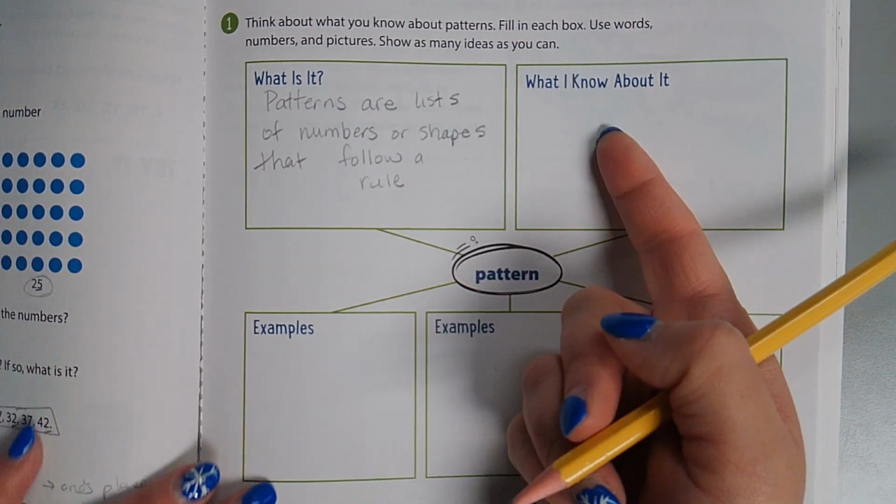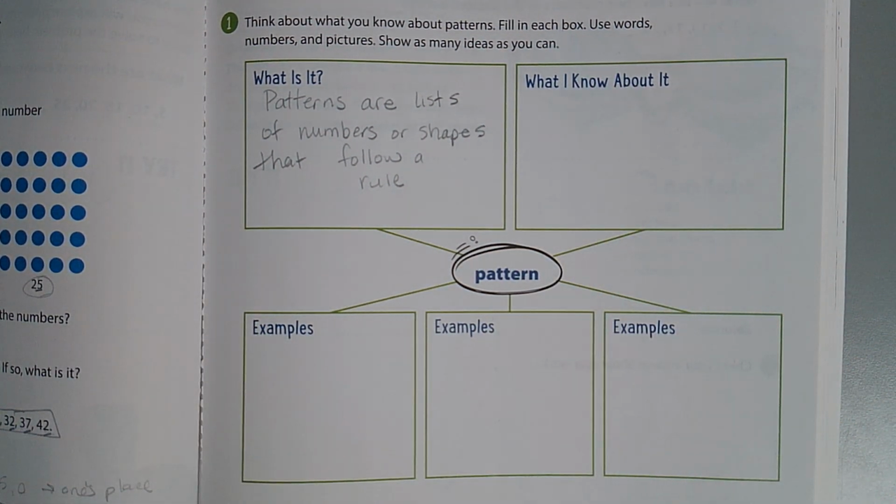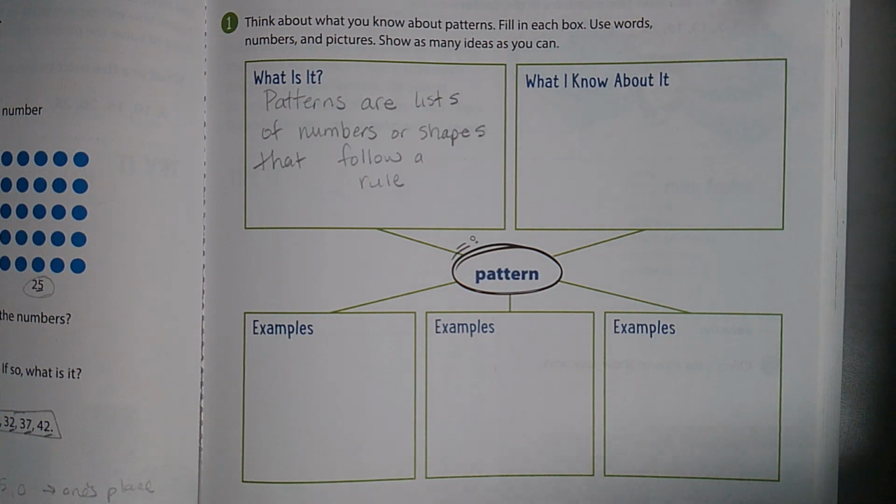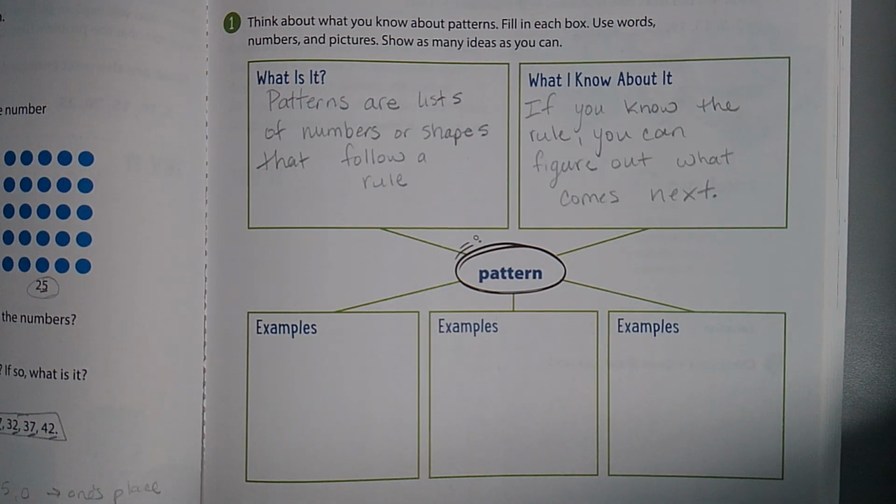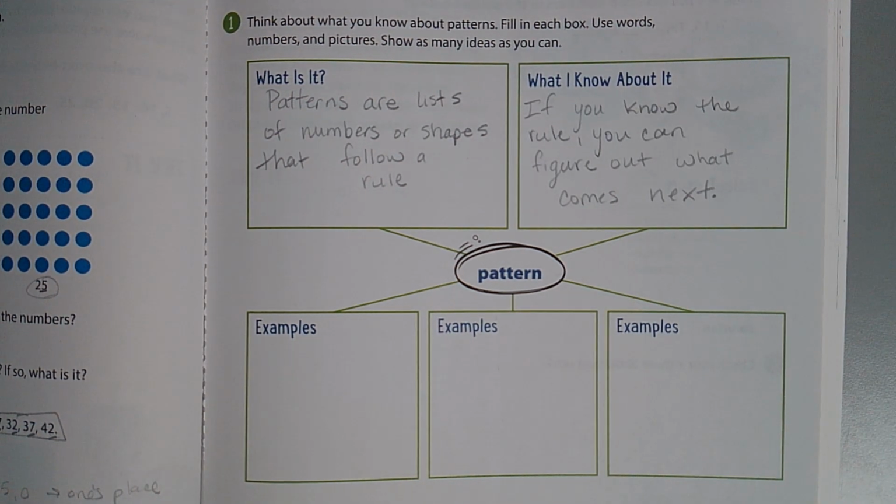Well, what do you know about it? Hopefully what you know about patterns is that if you know a rule, you can figure out what comes next. I'm going to give you one example, and then I want you to draw 2 examples.